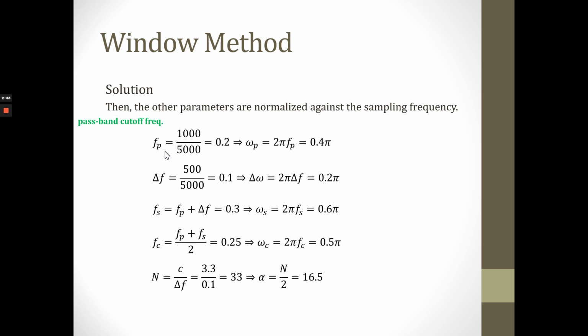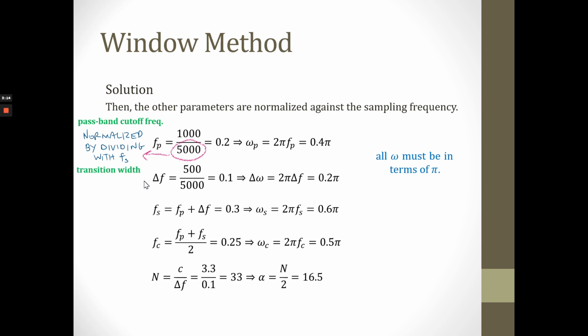To calculate the Fp, we divide the value of given Fp in the specification, 1 kHz, by the sampling frequency, 5 kHz. So we normalize the values by dividing with sampling frequency and then convert to omega p. All the values of omega must be in terms of pi.